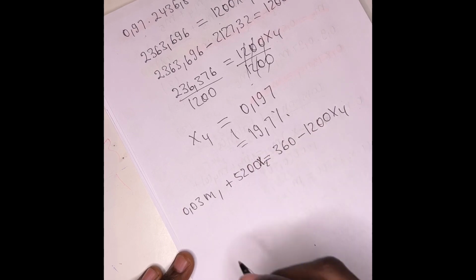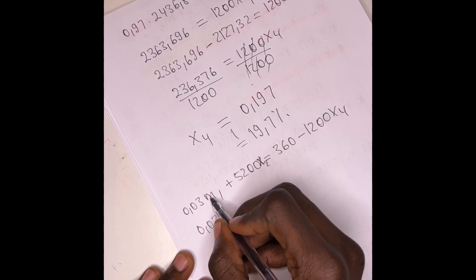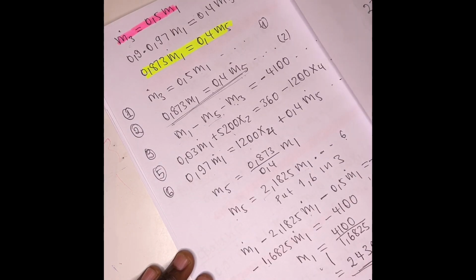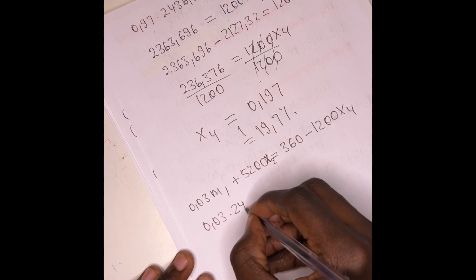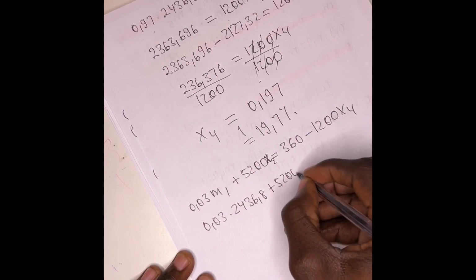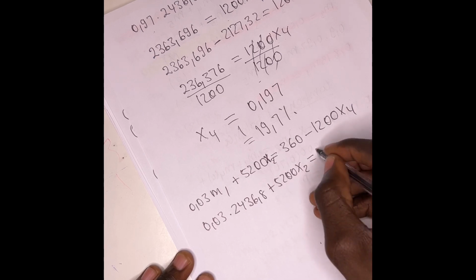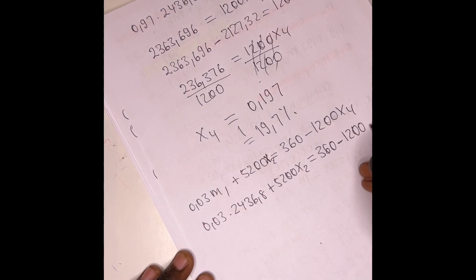So here we have 0.03 times M1. We know already the value of M1; this is the value of M1. So it's 2436.8, plus 5200x2, the one we are looking for, equal to 360 minus 1200 times 0.197, this value for x4.